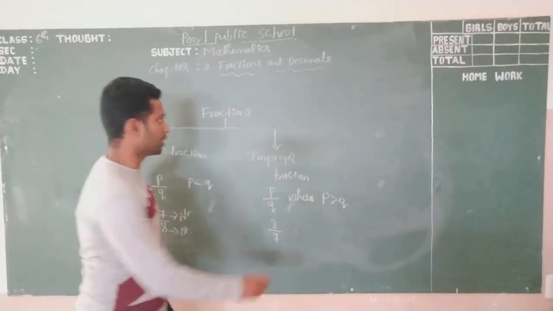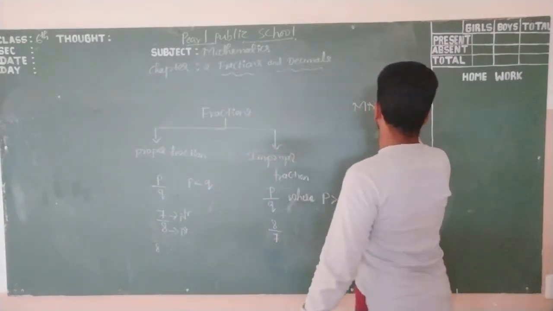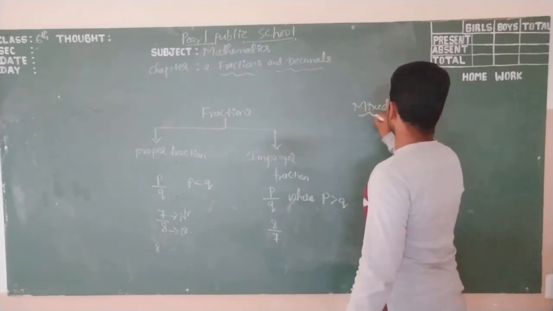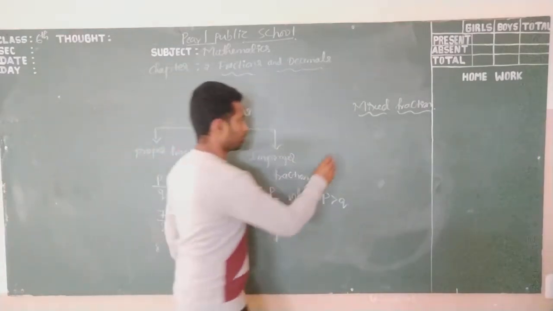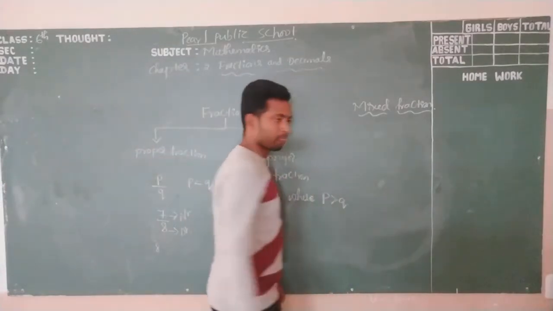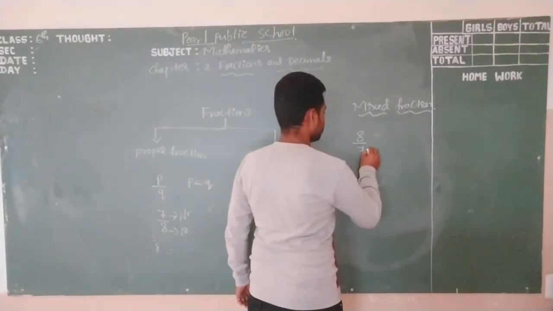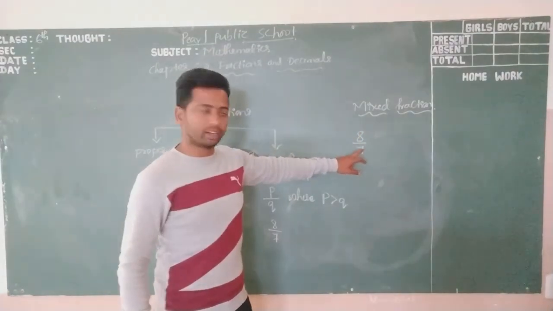Next is a mixed fraction. So what is this mixed fraction? Suppose I take one improper fraction, 8 by 7. Here the numerator is greater than the denominator.